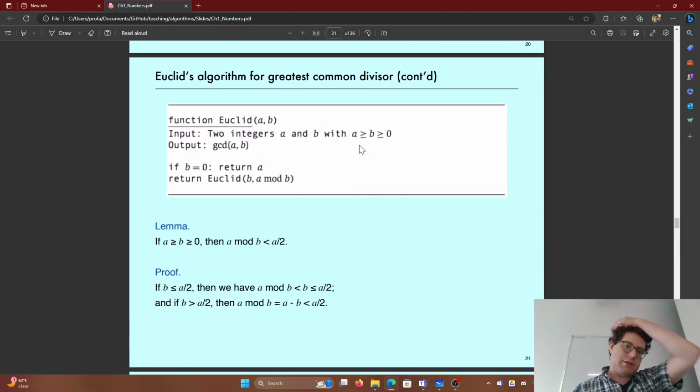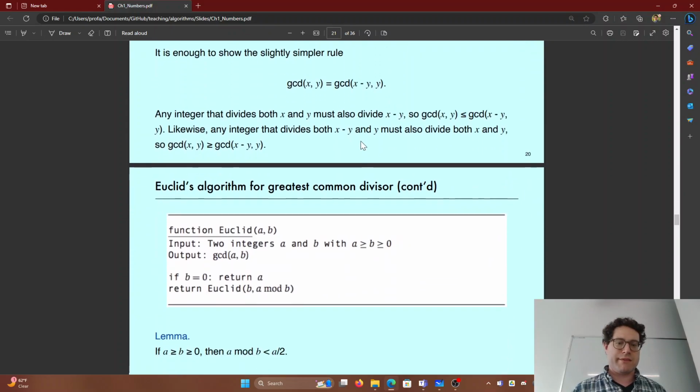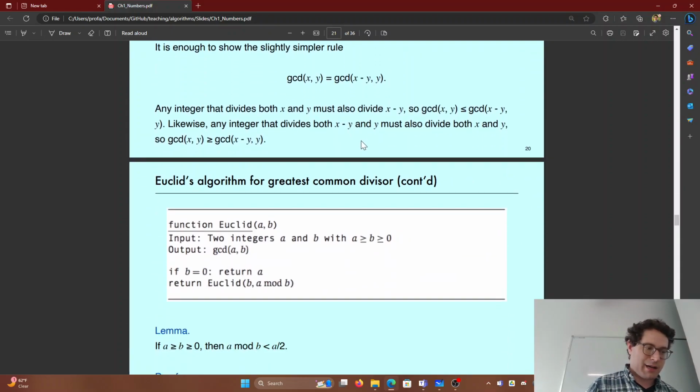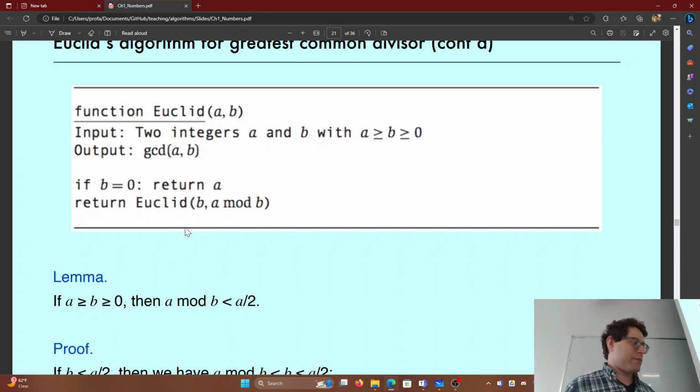So as an aside to work up to that, we're reviewing how the greatest common divisor works. We have this basic Euclidean algorithm: if we have the greatest common divisor of A and B, where A is bigger than B, if we hit 0, we're done.